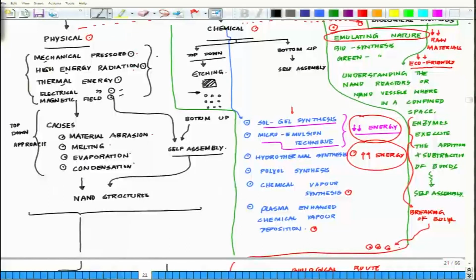So, here you have the bulk material, which is exposed to these different kind of forces which are enlisted here, and the process what happens is these mechanical material abrasion, melting, evaporation, condensation, and this leads to the nanostructure formation. So, keep this key in mind.